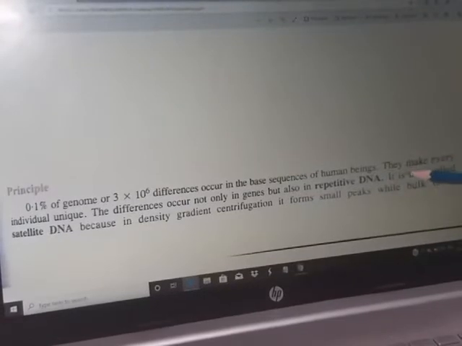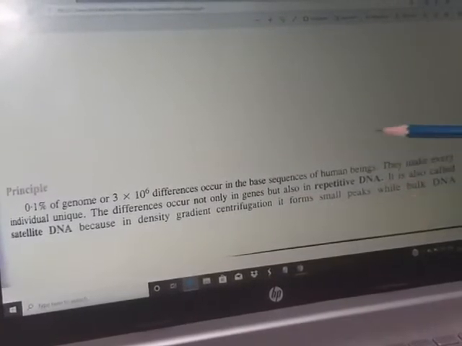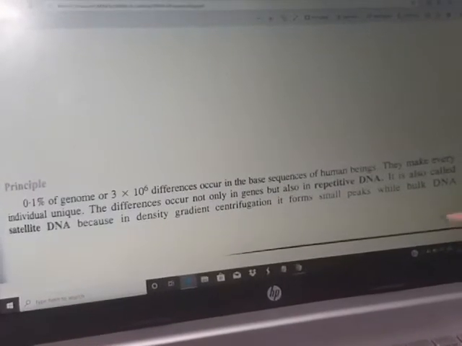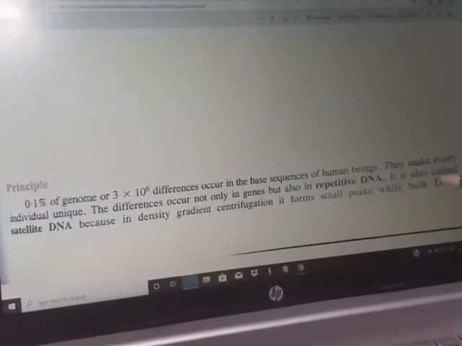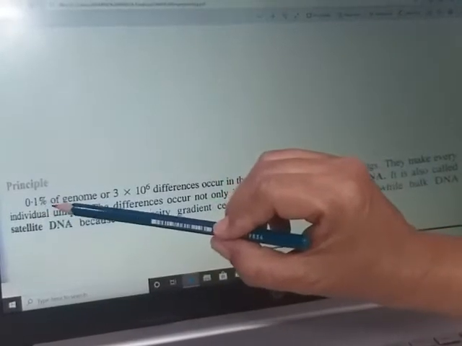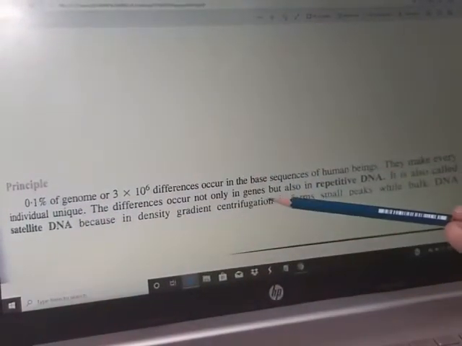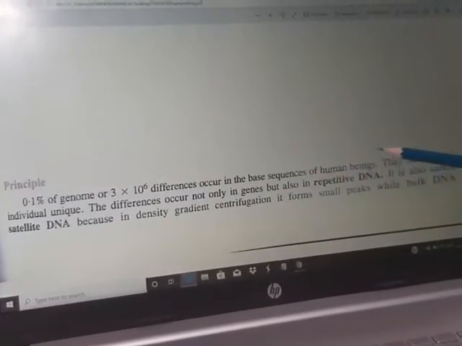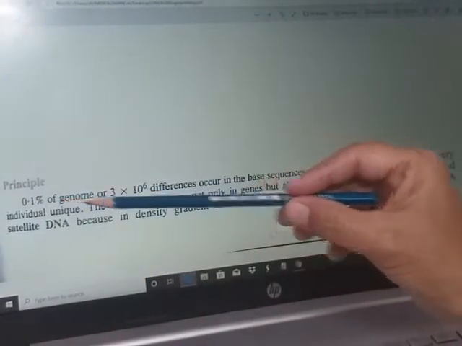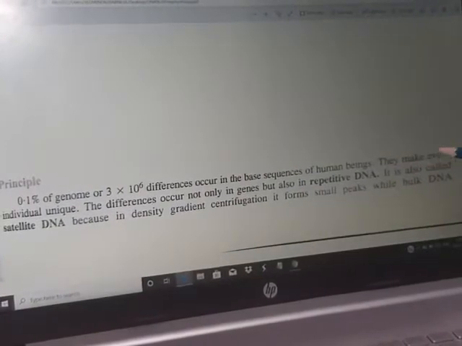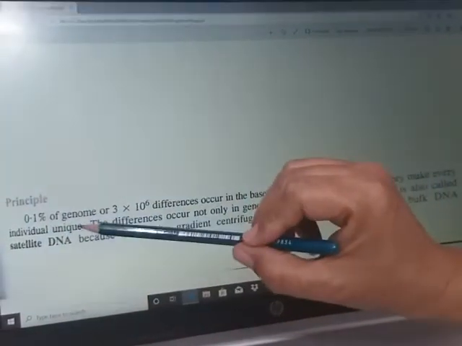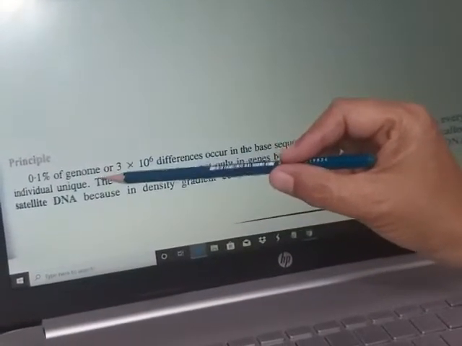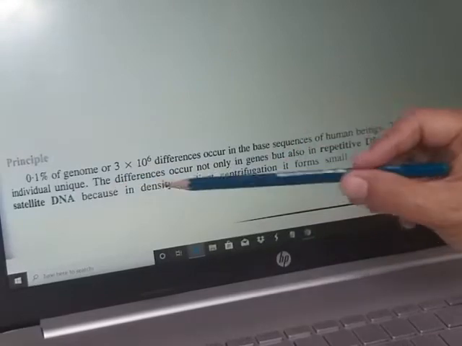To explain it further, we know that 99.9% of the genome is the same in human beings and only 0.1% of the genome differs in the base sequences of human beings. So the difference is very small. They make every individual unique. It is due to this difference that every individual is unique and differs from the others.